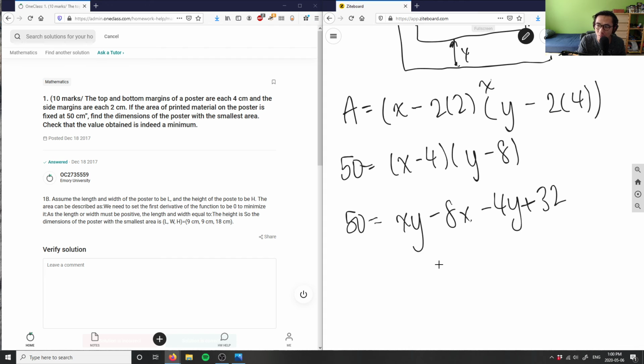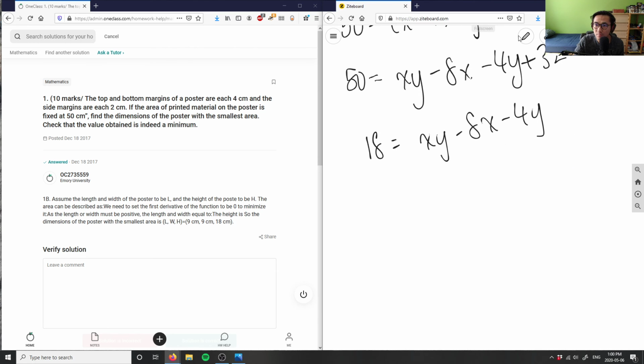Moving 32 to the other side gives 18 equals XY minus 8X minus 4Y. I can move the X's to the left side, so I have 18 minus 8X equals XY minus 4Y.